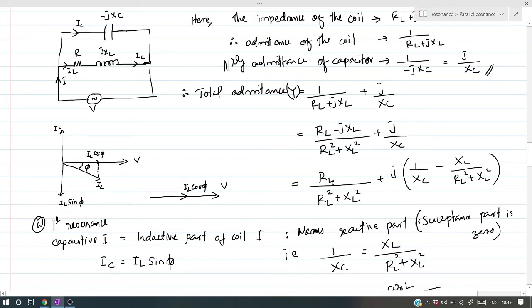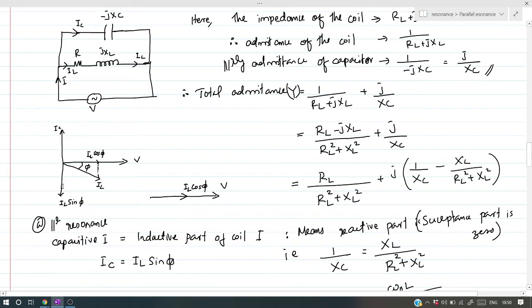Real part is RL upon RL square plus XL square, and imaginary part is J into 1 by XC minus this part, that is XL divided by RL square plus XL square. We know at resonance condition, parallel resonance condition, capacitive component is equal to the reactive component of IL, that is capacitive current IC is equal to inductive part of the coil current IL.